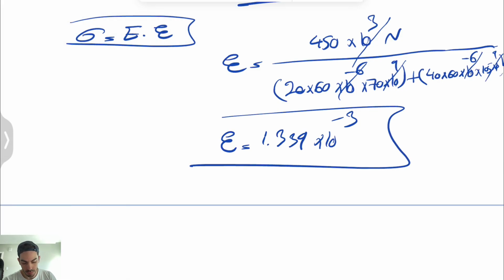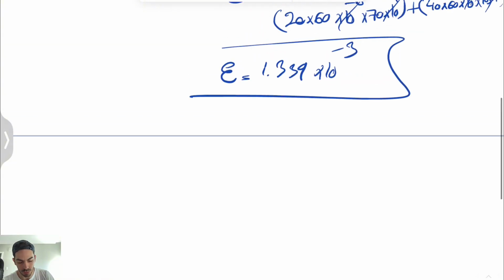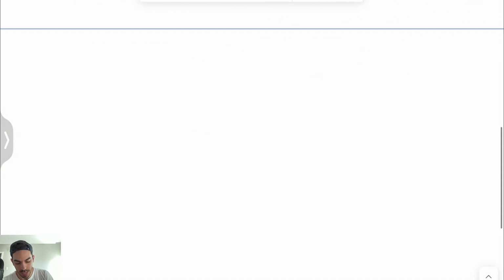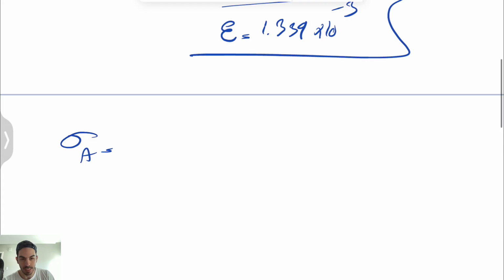So the rest of this, as I mentioned, is pretty quick. We just have to multiply this by the elastic modulus. So normal stress for aluminum would be the elastic modulus of aluminum, which was 70 gigapascal, times the strain.